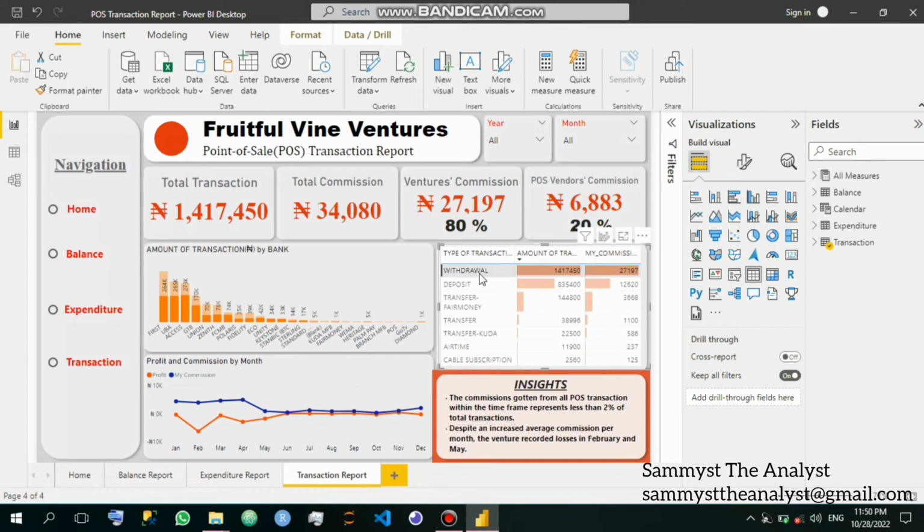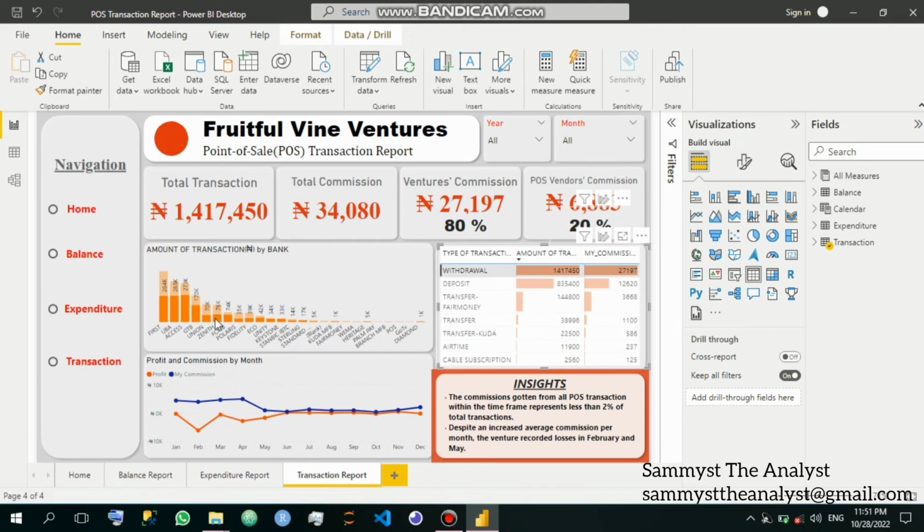when I clicked on the withdrawal type of transaction, the total transactions involving withdrawal was over 1 million naira, and the total commission gotten is 34,000 naira, and the venture's commission gotten from withdrawal transaction is 27,197 naira, which represents 80%, and the POS and vendors commission was 6,883 naira.